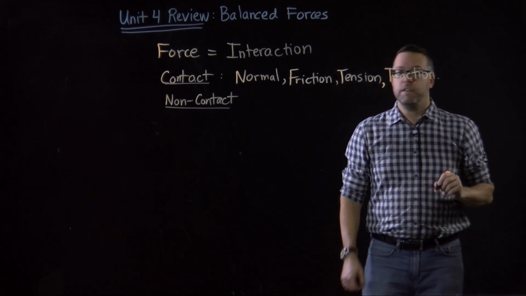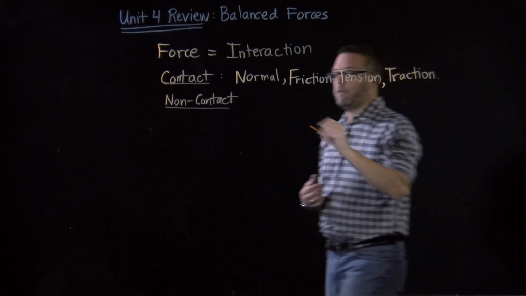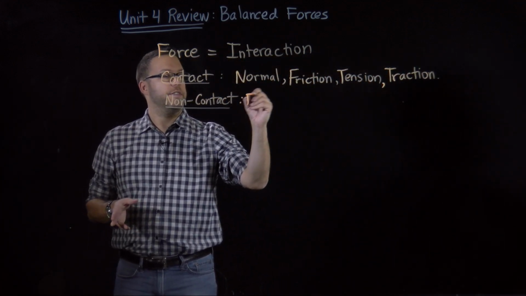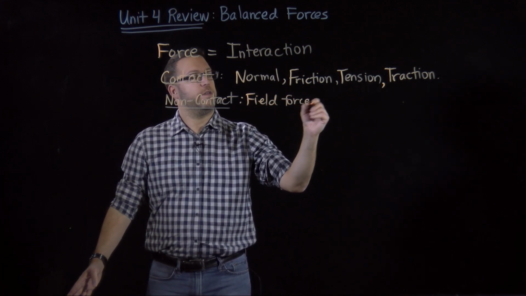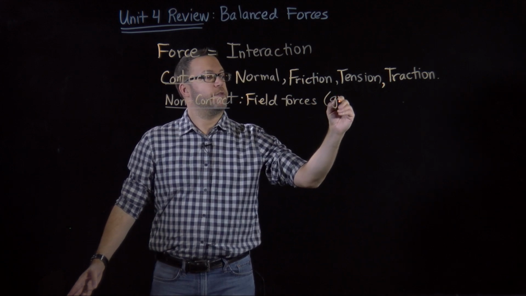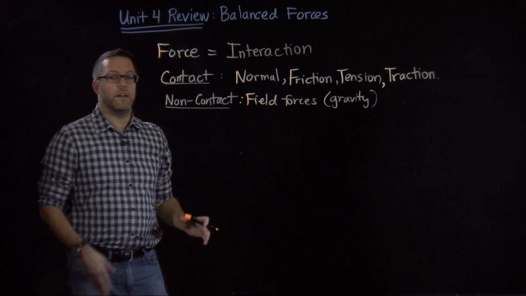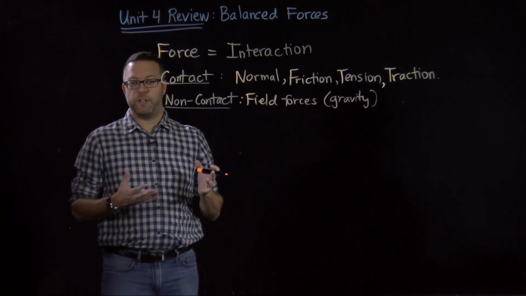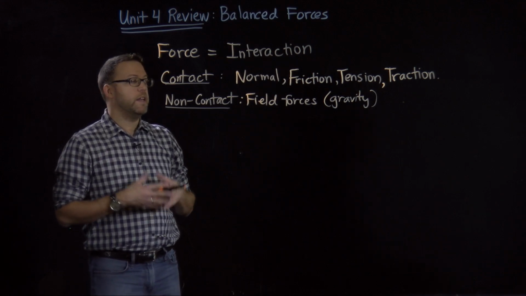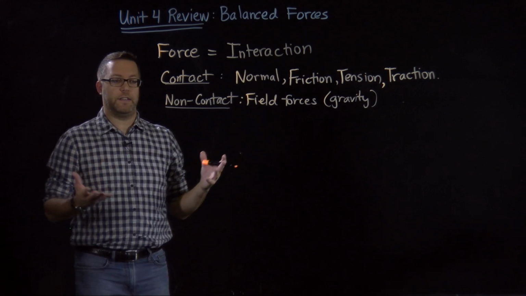Okay? You can also have non-contact forces, and sometimes these are what we call field forces. So the best example of this is the force of gravity. And contact is not required for a field force, so there's a force between two objects just because of the gravitational field, for example, that exists surrounding the Earth.